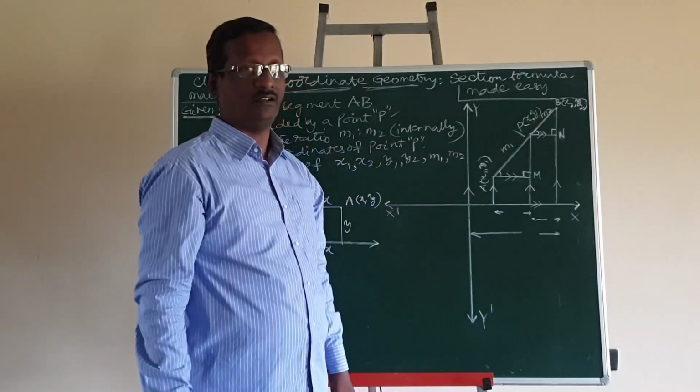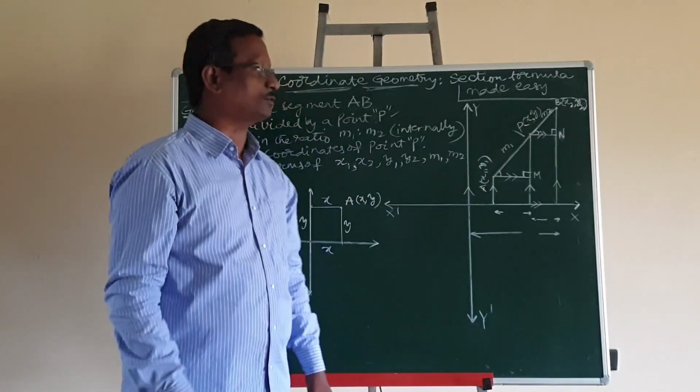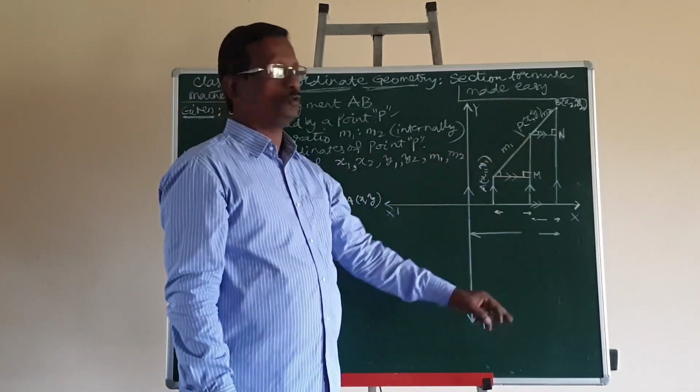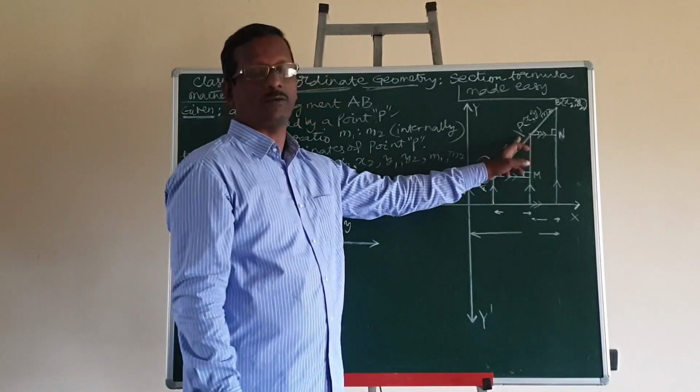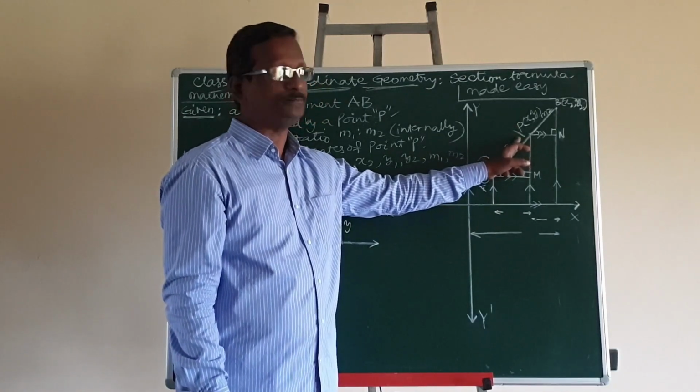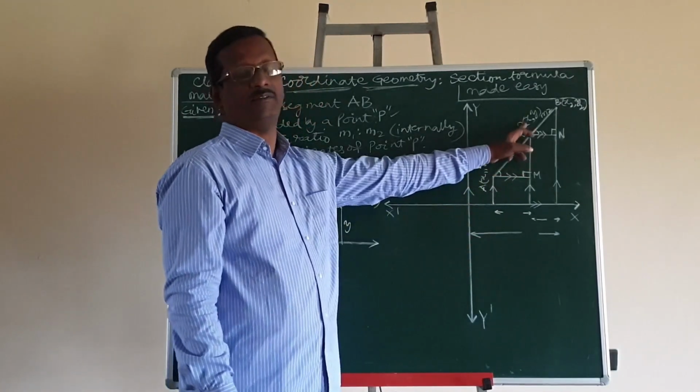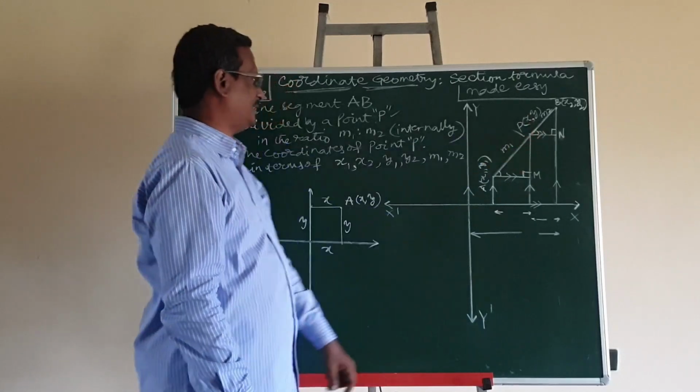This much is given. Now we need to find the coordinates of point P. To find them, we assume the coordinates of point P to be x comma y. We will derive and find the values of x and y.